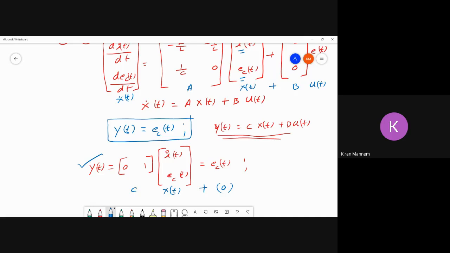So first thing is, first identify the state variables. That is current through the inductor and voltage across the capacitor.